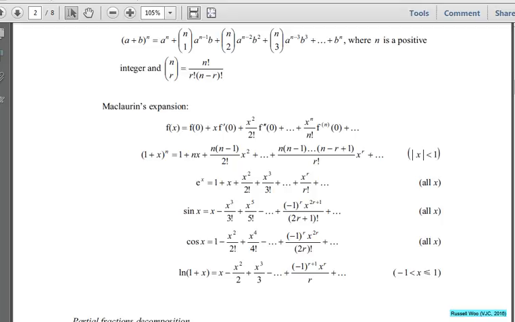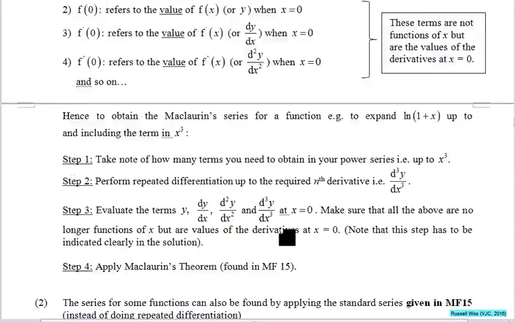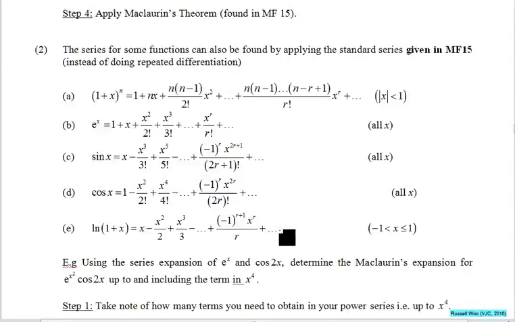The mother is here. You just apply the mother to the children. Then you can prove the children quite easily. These 5 are the result of your Maclaurin's mother expression. Later on, we will take a look at question 11 and see how we can apply that.